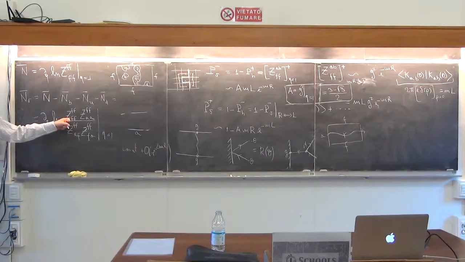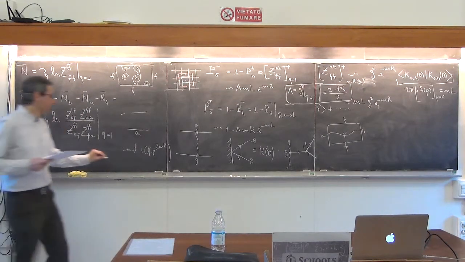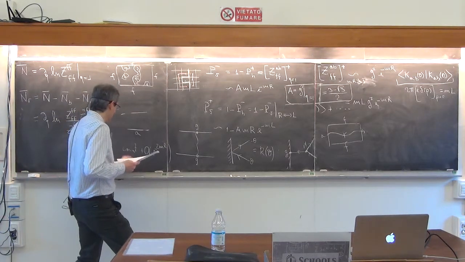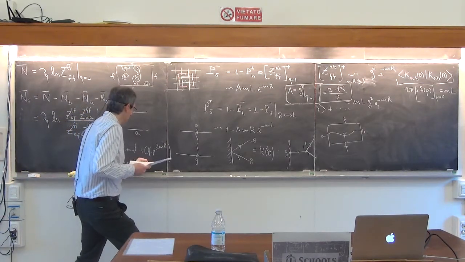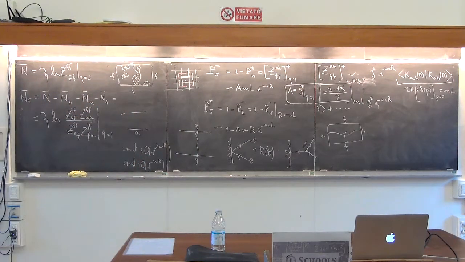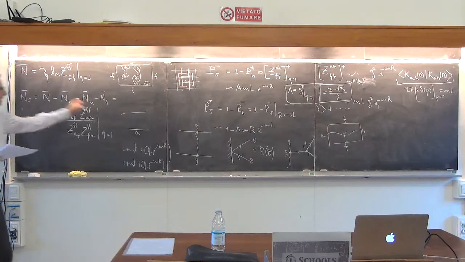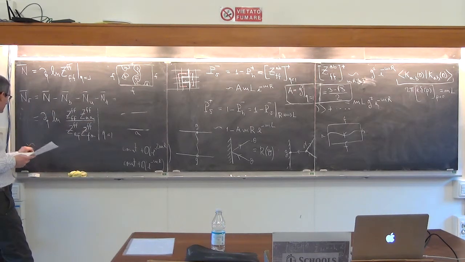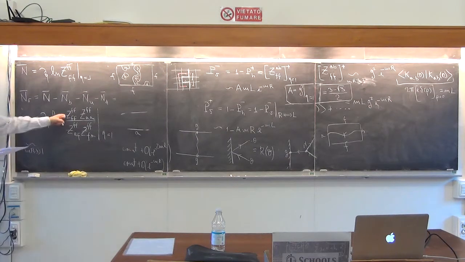Only the first one is of the form constant plus order e to the minus mR because it contributes a single kink. This means that in all this expression, when I go to large mR, the first partition function is the one which gives the leading contribution.